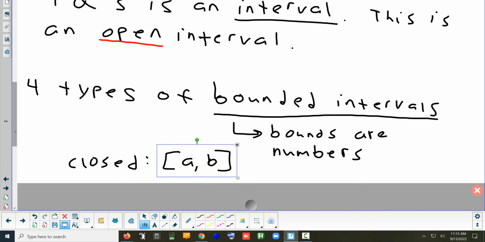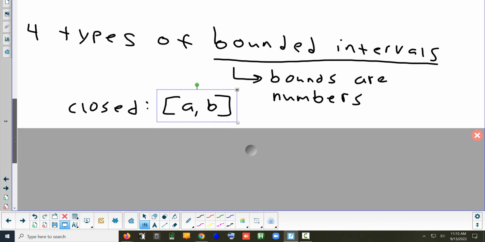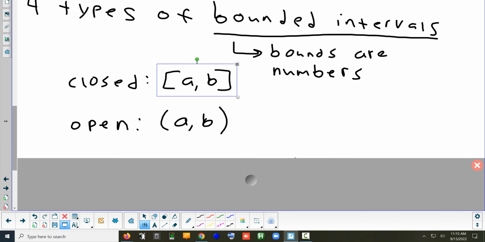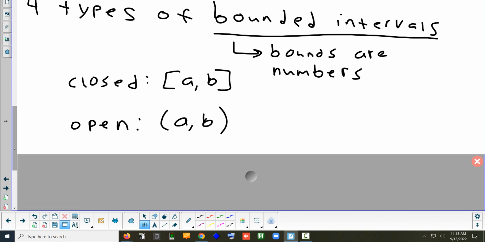If an interval is bounded, there are 4 different types. First of all, you can have what's called a closed interval. Closed means, for example, if I said pick any number on the closed interval from 1 to 10, you could pick any number from 1 to 10, including 1 and including 10.